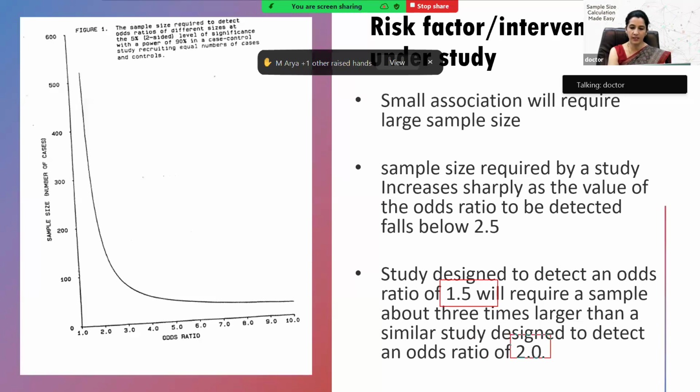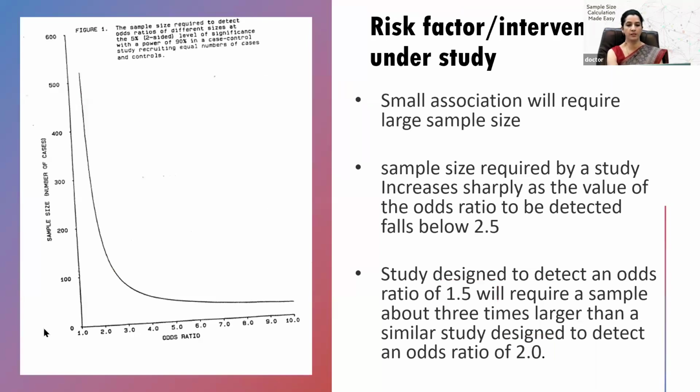So this is a very important thing to remember, that odds ratio. If you see that the odds ratio falls down, the sample size requirement increases sharply. Generally they have put a cutoff of 2.5: below 2.5, the sample size requirement increases very sharply.